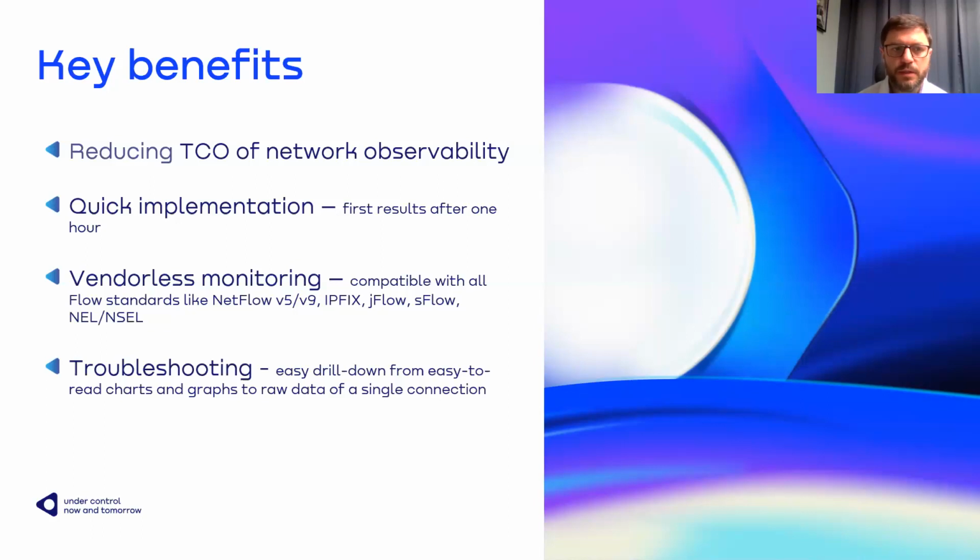This is also vendorless monitoring. So you can use flow data to monitor devices from many different vendors. Mainly, the NetFlow protocol is used by Cisco, but different vendors created their own compatible protocols to monitor the data.